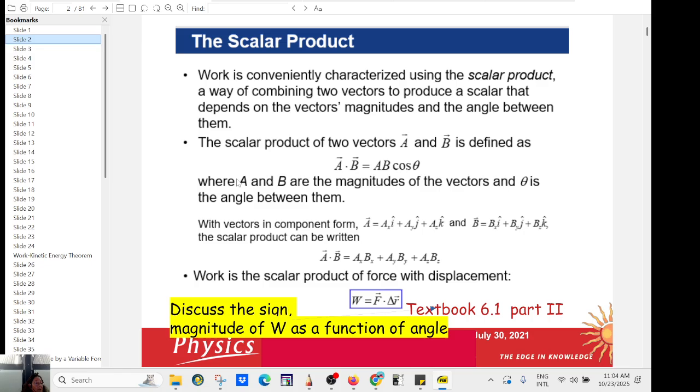Okay, just a parenthesis for the math. You have two vectors, A and B. If you dot them, you get a scalar. If you cross them, you get another vector. The dot product tells you how much A and B are aligned with each other.